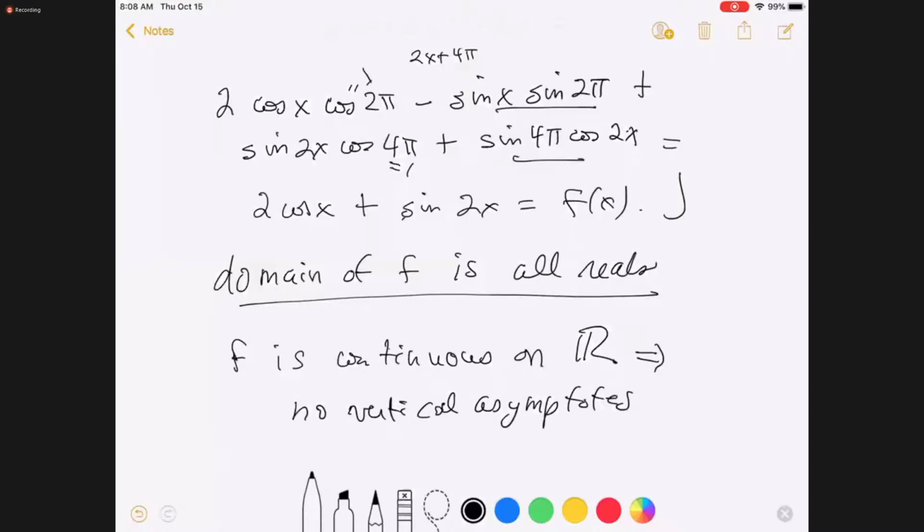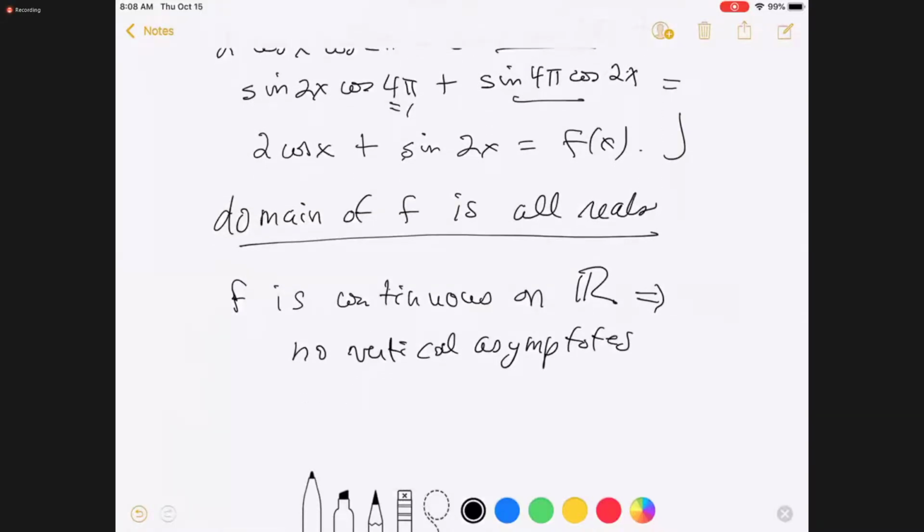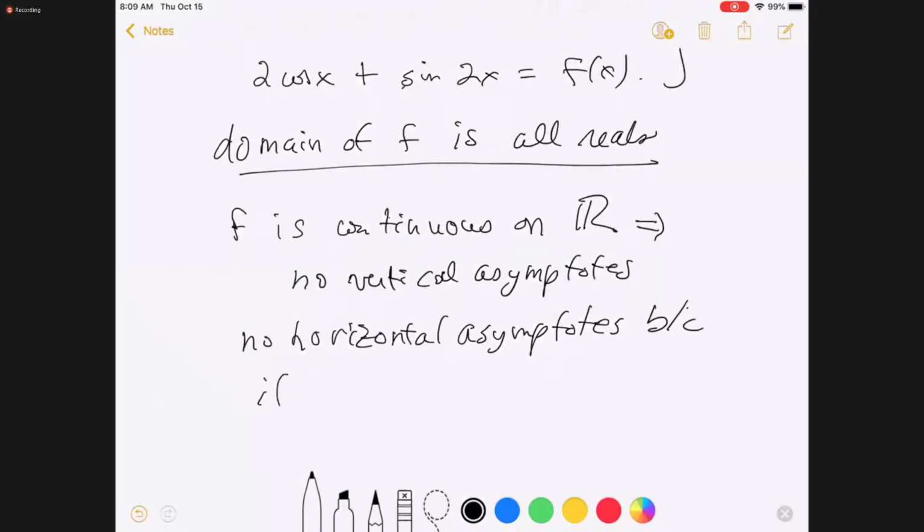It also has no horizontal asymptotes. But not because it's continuous. It has no horizontal asymptotes because it's periodic. And not just constant.